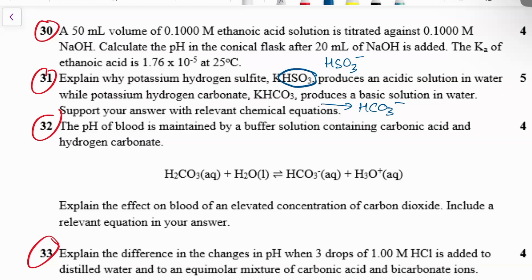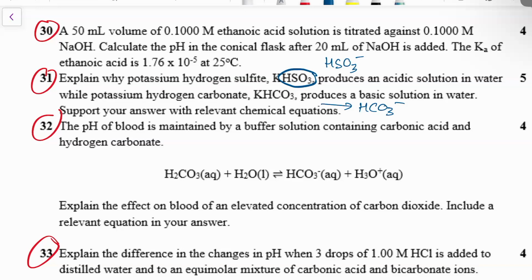The hydrogen means that it can give away protons, and the minus charge means that it's attracted to an H plus, because opposite charges attract. So the complication here is what they're basically asking you is how come HSO3 minus is acidic and HCO3 minus is basic when they are both amphiprotic, when they're both capable of being acids as well as bases.